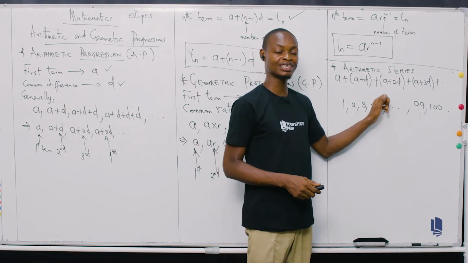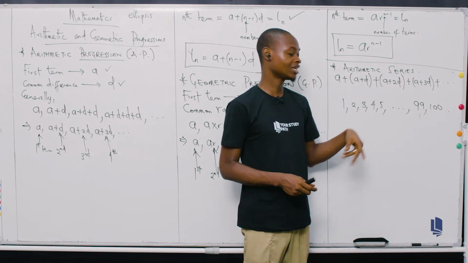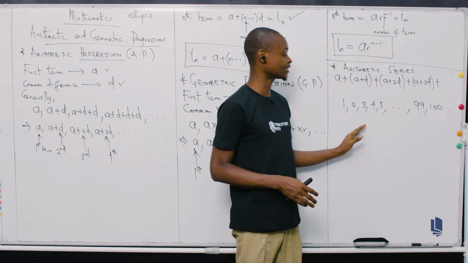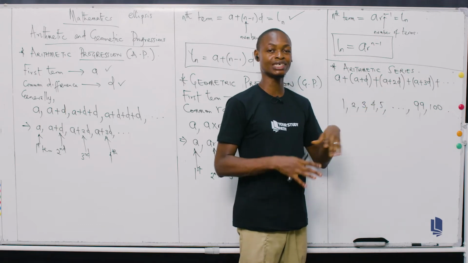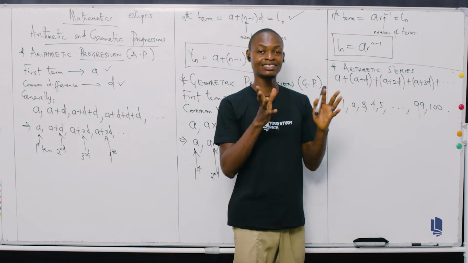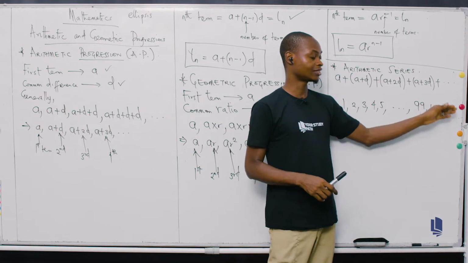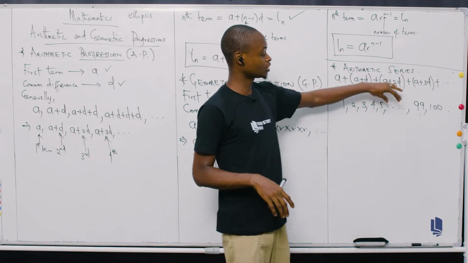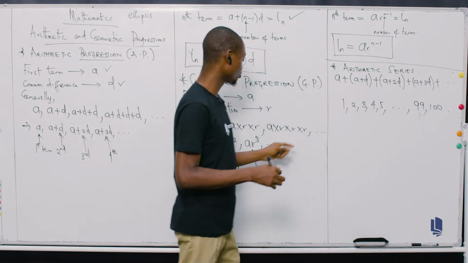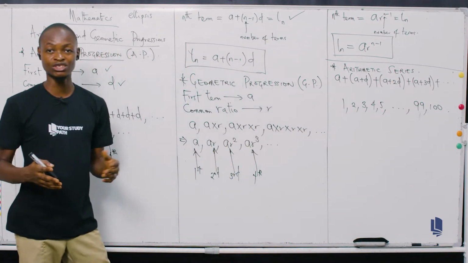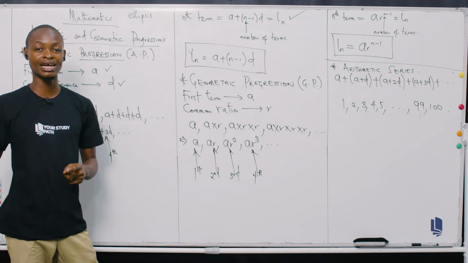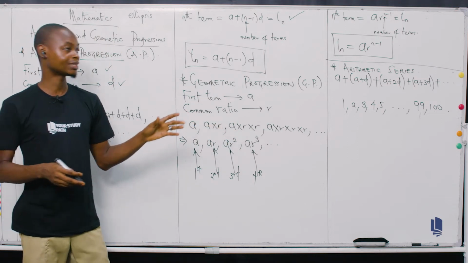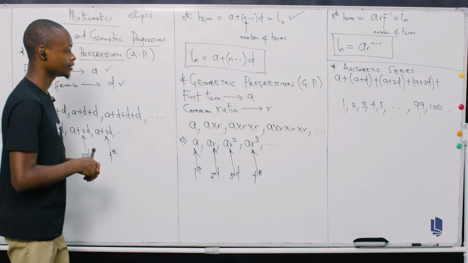I expect it to be followed by 6, followed by 7, followed by 8. So because I already have a pattern, by writing this ellipsis, I'm saying, yes, that pattern continues into those numbers I did not write. And then at the end, you are going to get to 99 and then to 100, right? So you use an ellipsis when it's finite to showcase the middle part where you did not write. And then when you use the ellipsis in this form, it's infinite, which means you don't really know where the sequence is going to end, but you know exactly that the sequence is going to follow this same pattern. Those are very, very important identities.